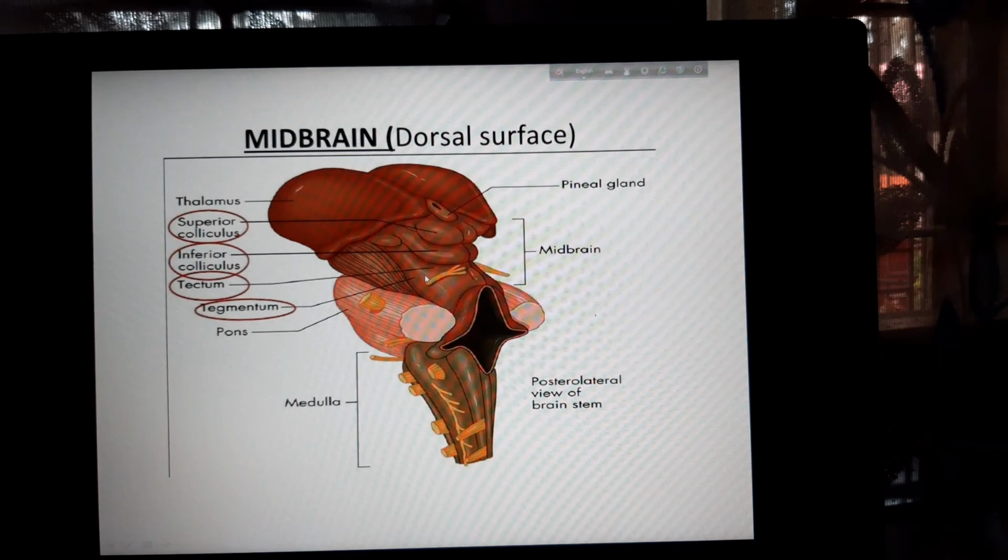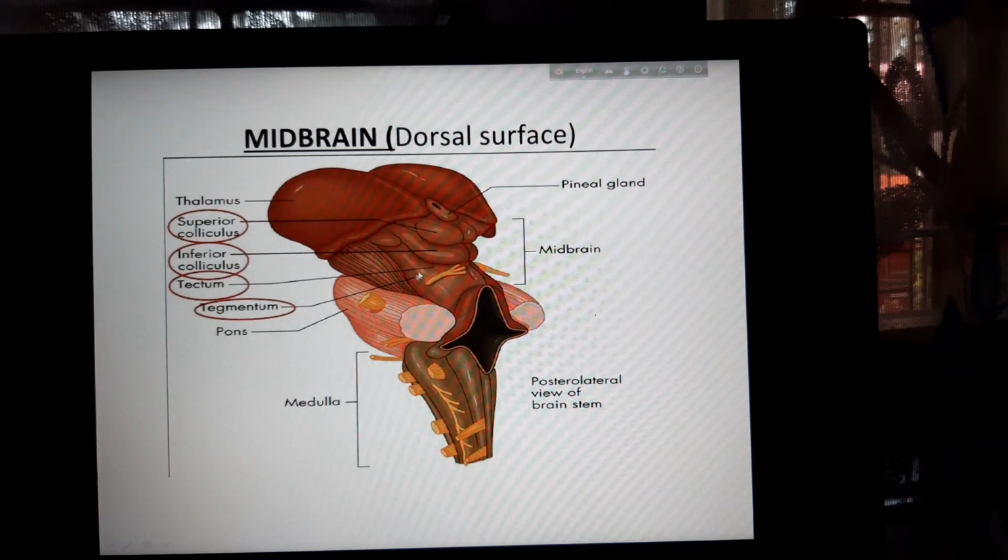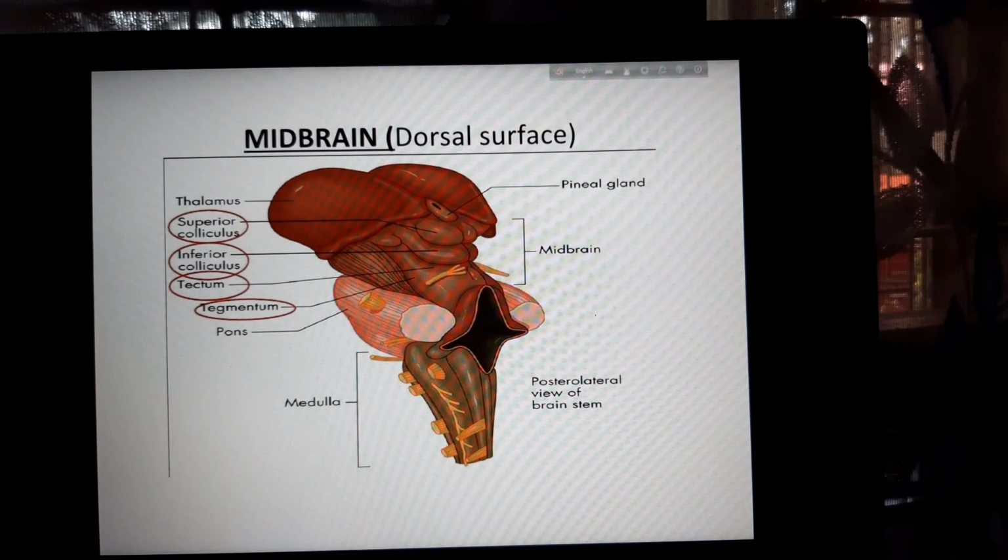The mesencephalon consists mainly of these two heavy fiber tracts. On the dorsal surface of the midbrain there are two swellings, called the superior colliculi and inferior colliculi.